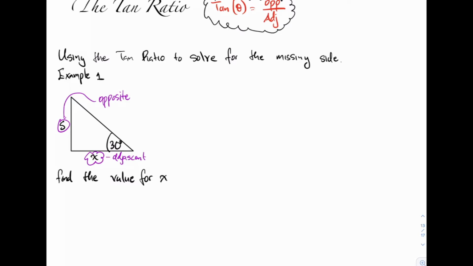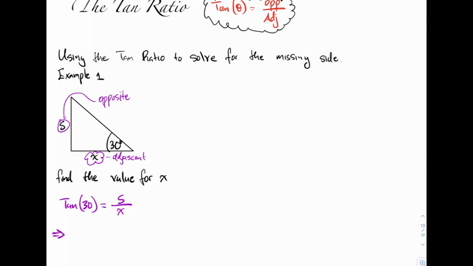We're interested in finding the adjacent side. Therefore, tan of 30 is equal to the opposite side, 5, divided by the adjacent side, x. Now I want to go to my calculator and type in tan of 30.